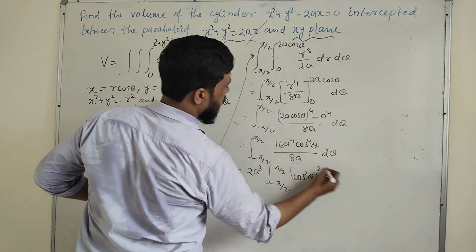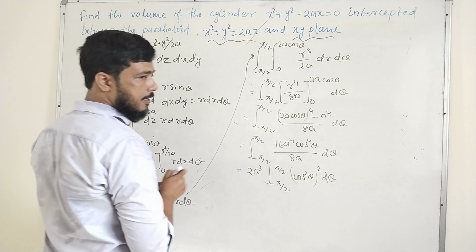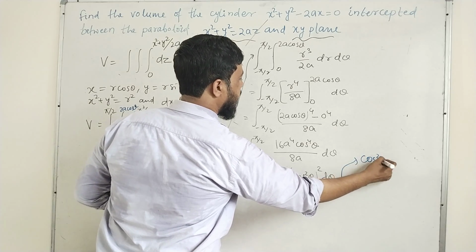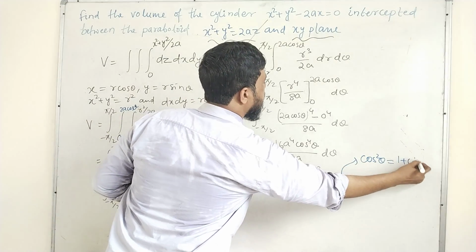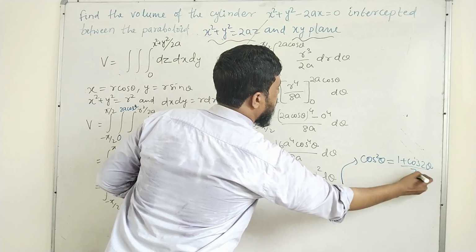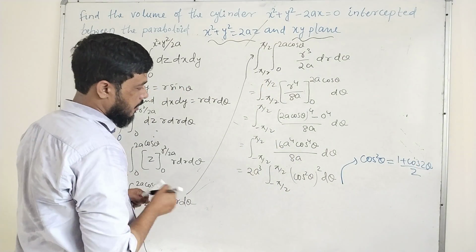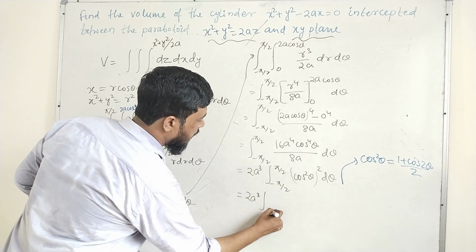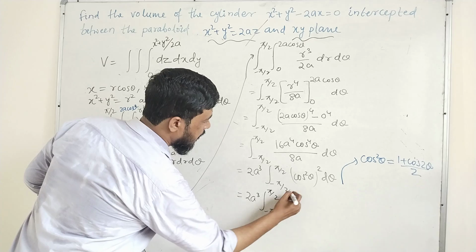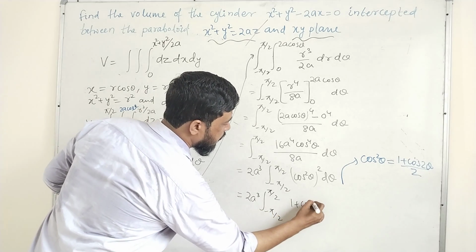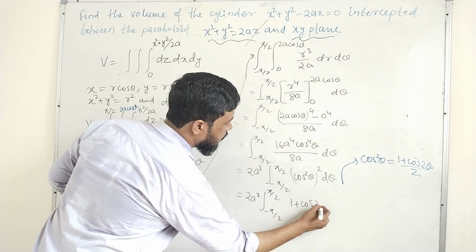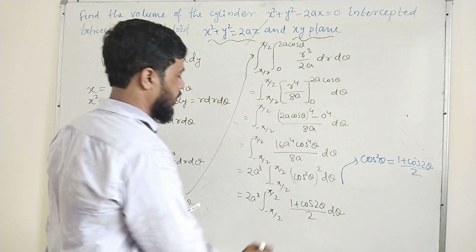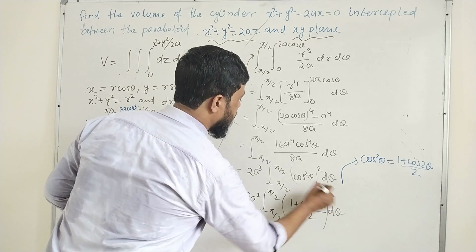Here we will use a trigonometric identity. Cos square theta is equal to 1 plus cos 2 theta divided by 2. So 2a cube, minus pi by 2 to pi by 2, 1 plus cos 2 theta divided by 2 whole square d theta.